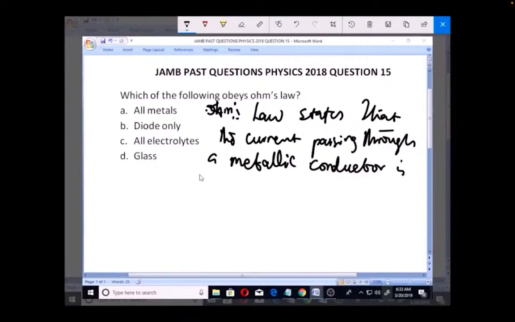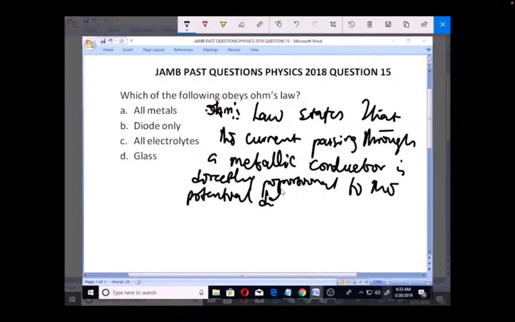So the current passing through a metallic conductor is directly proportional to the potential difference across its ends. That is the statement of Ohm's law, that the current passing through the metallic conductor is directly proportional to the potential difference across its ends.